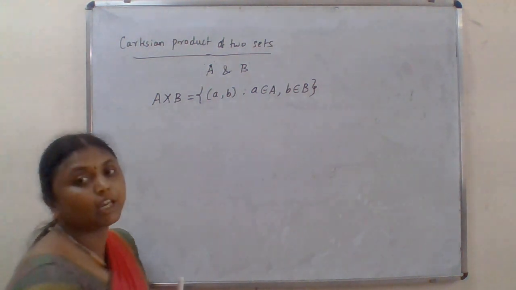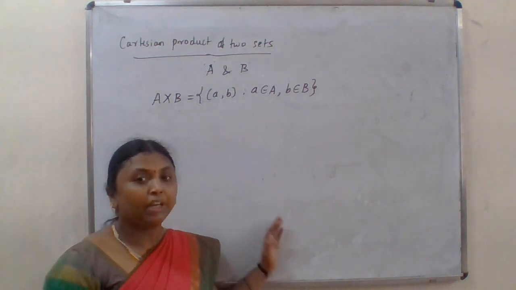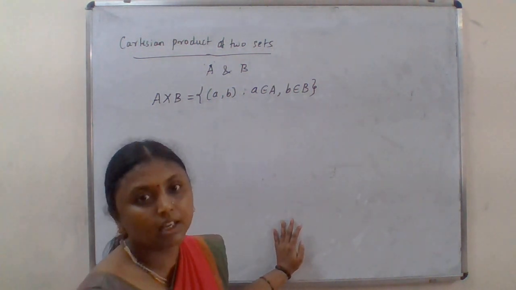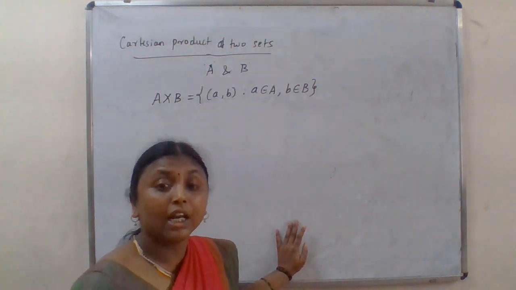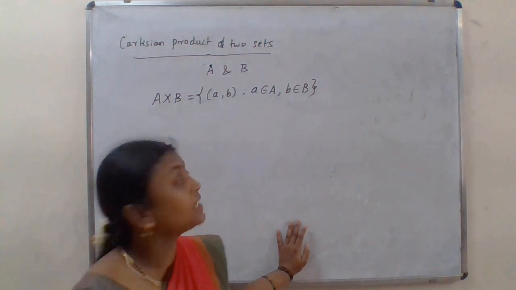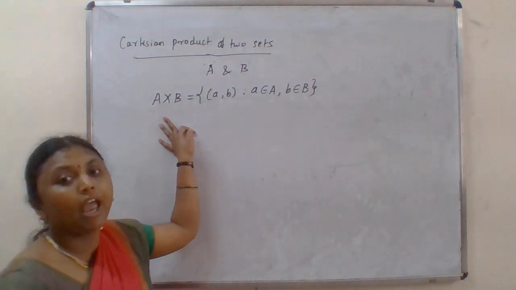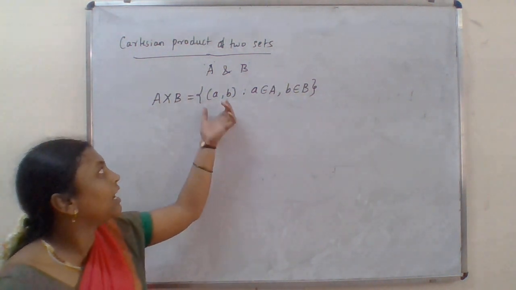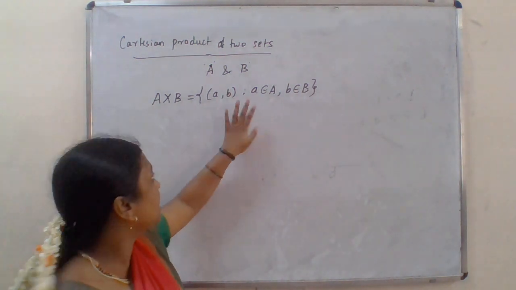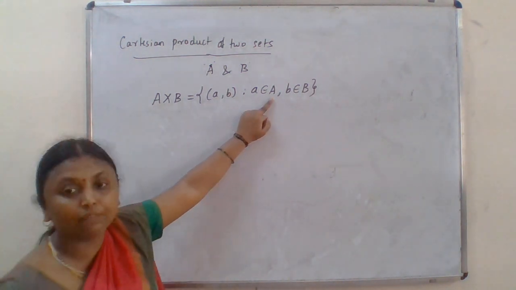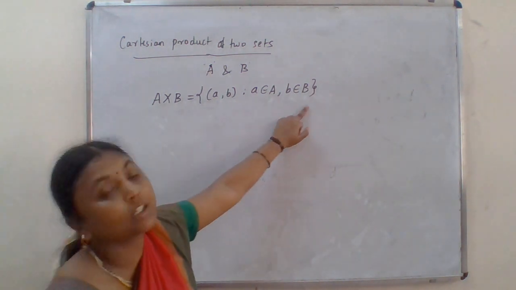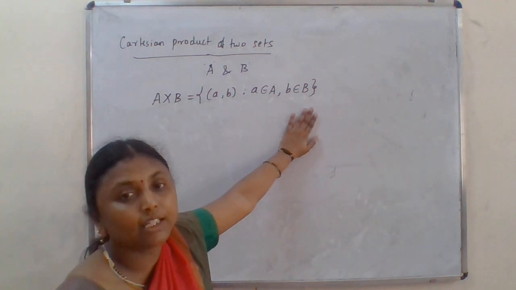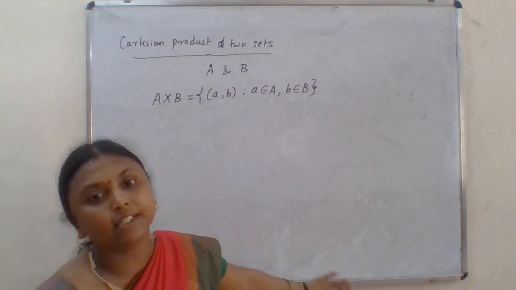Try to understand it carefully. That is, A and B are any two non-empty sets. Then the Cartesian product of A and B is denoted by A cross B and defined as the set of ordered pairs (a, b) such that the first element belongs to the first set and the second element belongs to the second set. That is your Cartesian product of two sets definition.